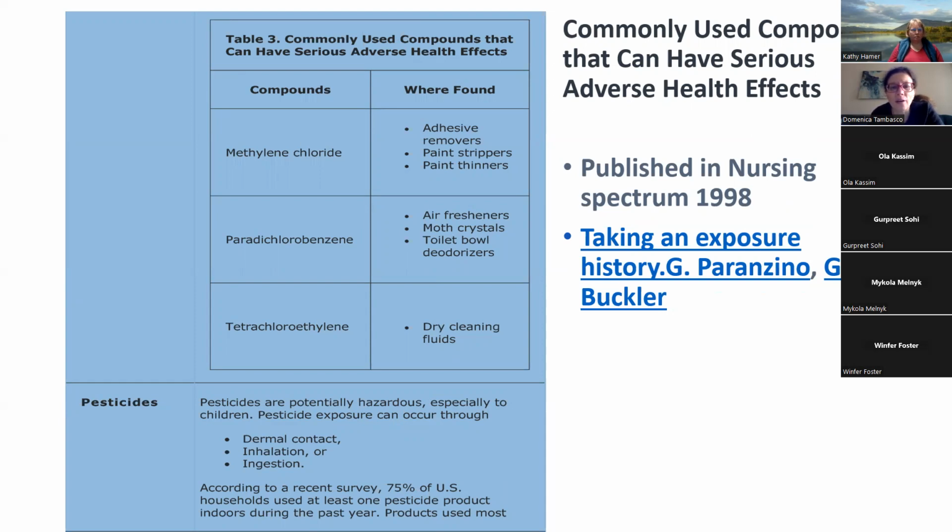Children who are closer to the ground are more likely to be affected by exposures if there's been any spraying of pesticides. And there are tests that can be done to determine if there is an elevated exposure. But again, this goes into more details, which hopefully in the future we can talk about more specifically. Next slide, please.